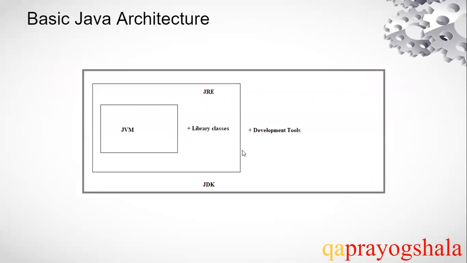Now, there is one diagram here. If you see the whole outer rectangle, that is the JDK. It includes the JVM, the virtual machine where our program will run, which we'll see in the subsequent sessions. And finally, it will contain the JRE also, that is the runtime environment.